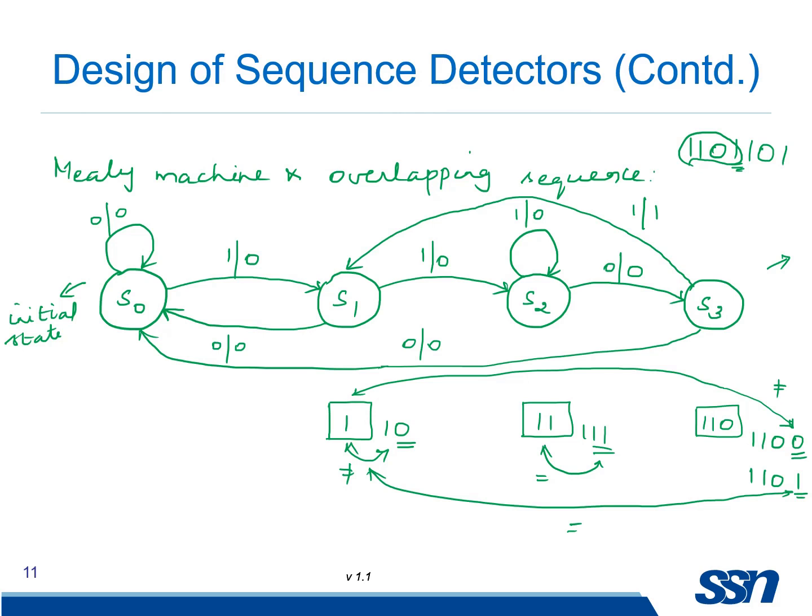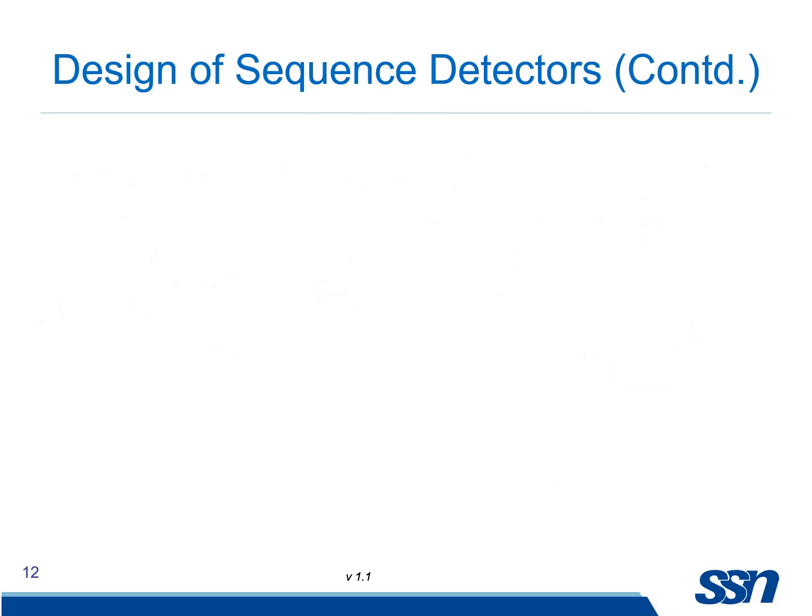Now this is the condition where the overlap occurs. After this I have a 1, then a 0 and then a 1. That will give me the output of 1. Okay, so this is the procedural way to draw the state diagram.